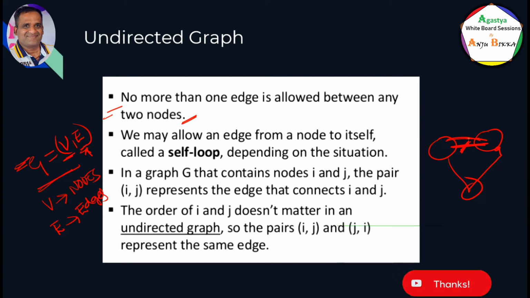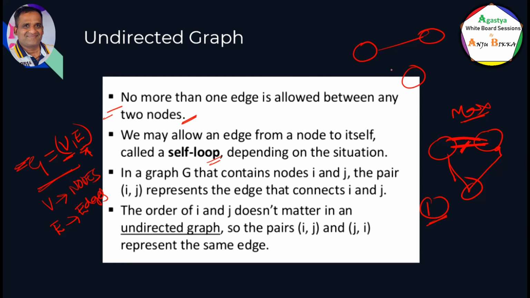So the maximum number of edges allowed between two nodes is one in an undirected graph. And we may allow an edge from a node to itself, called a self loop, depending on the situation. When we want to represent a node like this with one edge going back to itself, this is called a self loop. It is allowed.